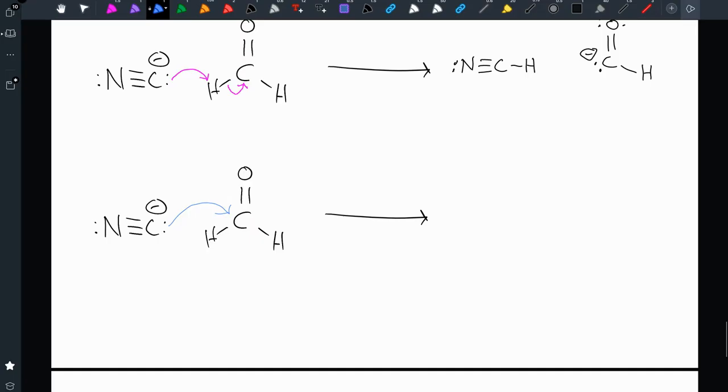Now, when I share electrons with this carbon, there's actually two possibilities for the bond I could break to make space. I could break a bond to hydrogen to make space, or I could break one of the bonds to oxygen to make space. Let's consider those two possibilities independently.